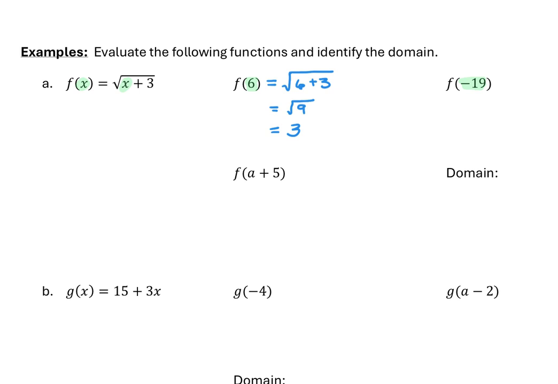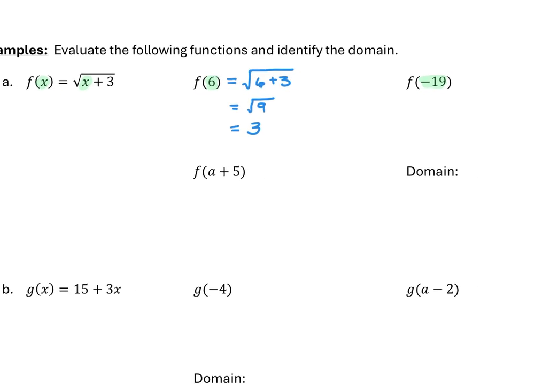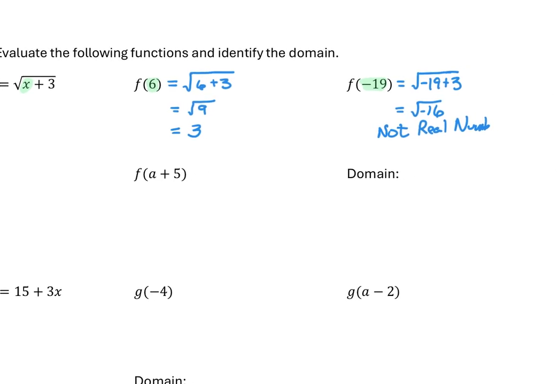And if we plug this in, we get the square root of negative 19 plus 3, which is equal to the square root of negative 16. Now, for me, we have not talked about what we do with this yet. This is not a real number. Now, this particular textbook, they don't use this definition. What they do is they call this undefined.